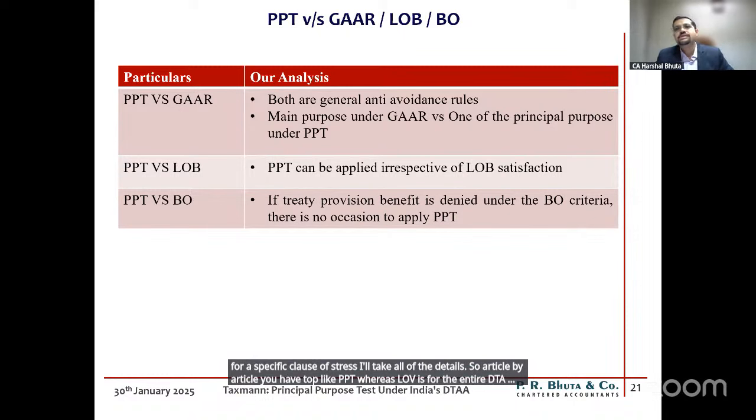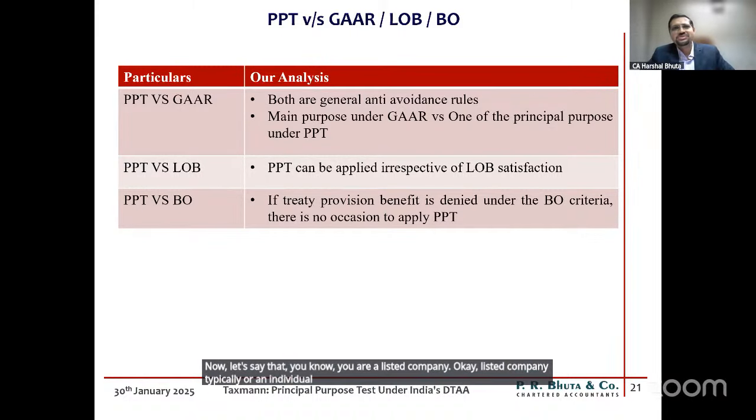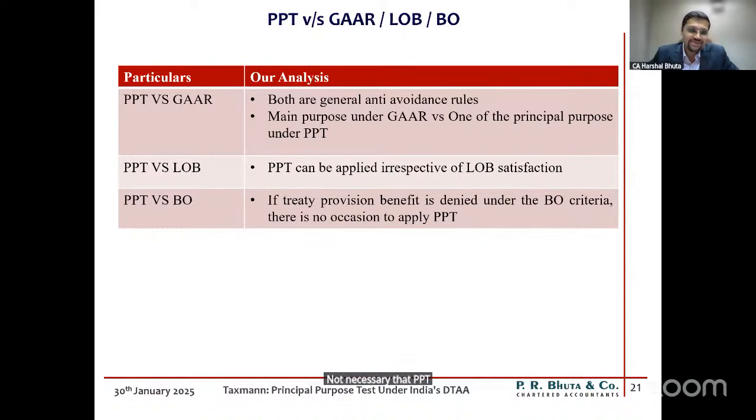Now, let's say that you are a listed company. Okay, a listed company typically, or an individual also, is assumed typically to be a qualified person. Not necessary that PPT may not apply to them. A listed company can also engage in abuse transaction, which can come under PPT, and an individual also can.